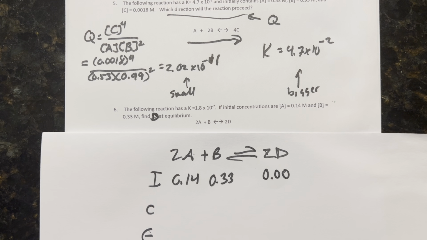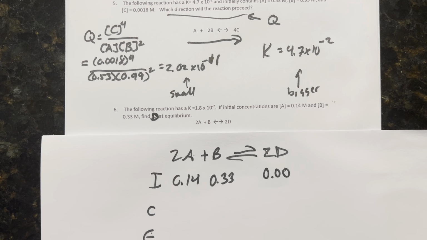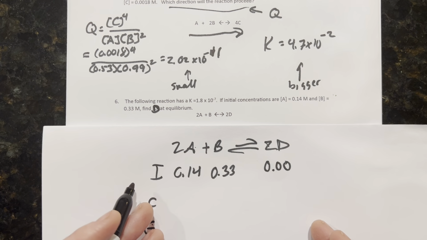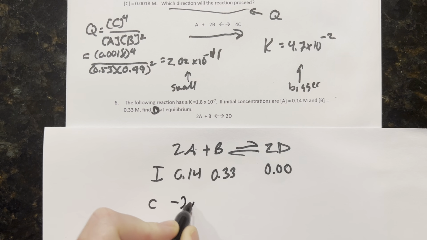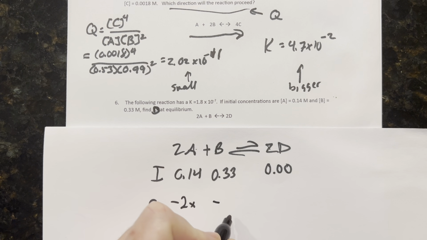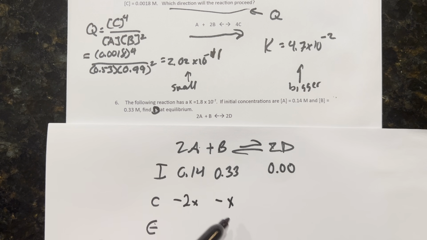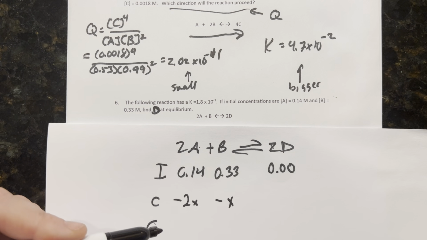All right, so it wants us to find the concentration of this one at equilibrium. So we know the K, but we don't know how much each of these is going to be losing or gaining in order to reach that equilibrium. So in that case, that's where the X comes in. We don't know how much that would lose, but we know for every one of those, we must have 2 times the amount of those.